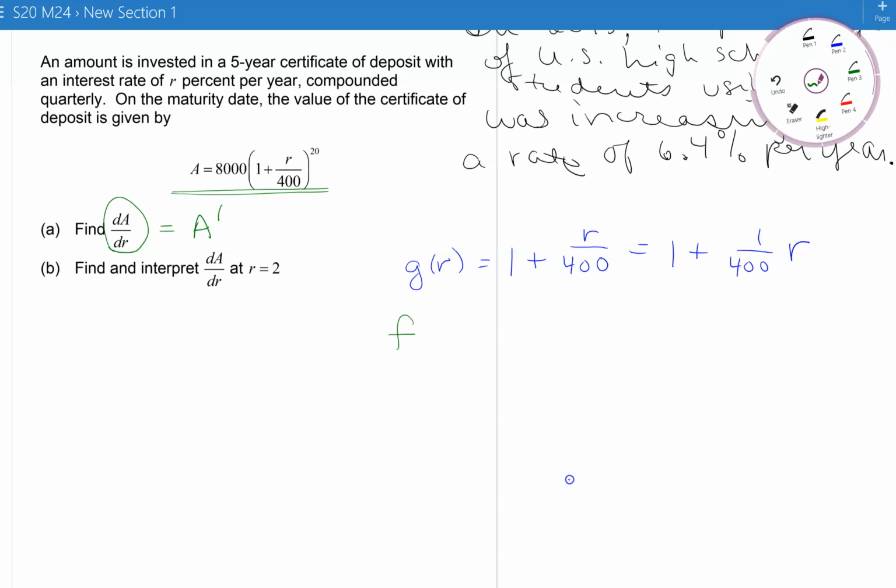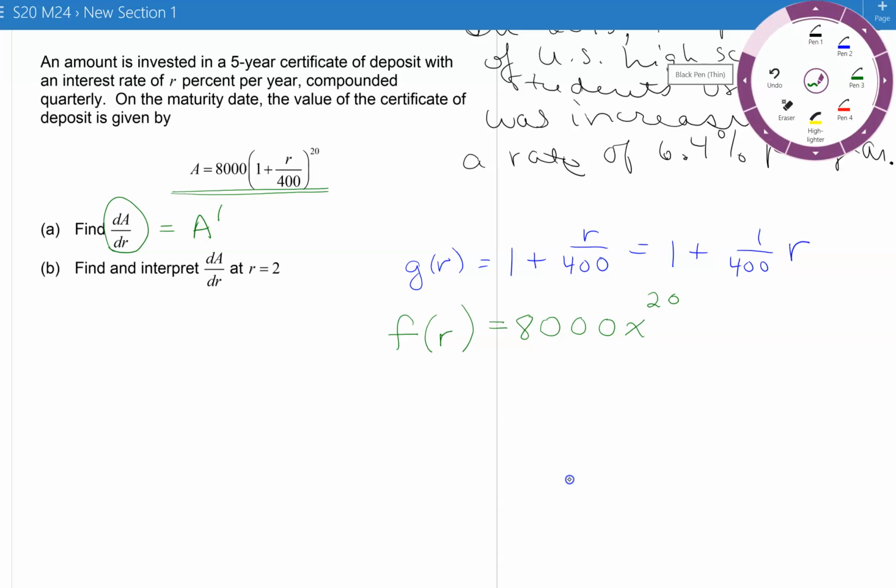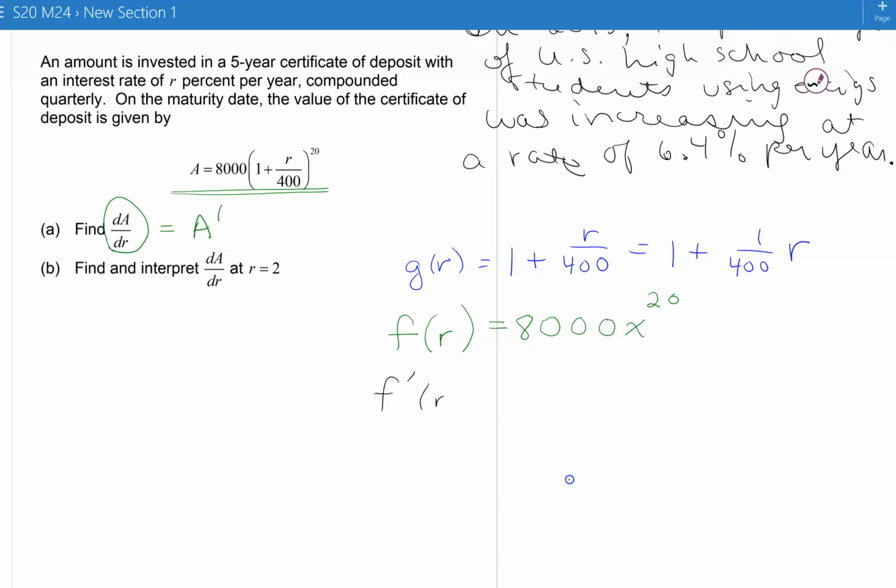So then we're going to have f of, it can be any letter, but f of r is going to be 8,000 x to the power of 20. So the derivative is going to be 16 with 4 zeros, so 160,000 x to the 19.